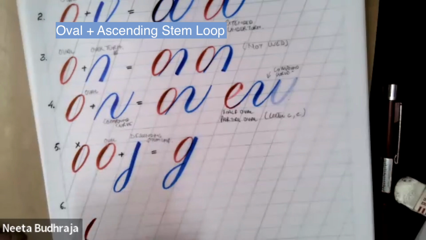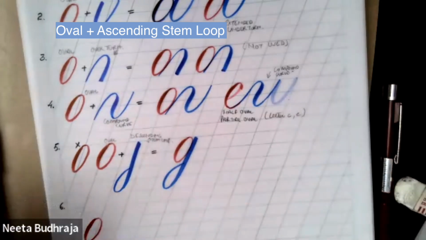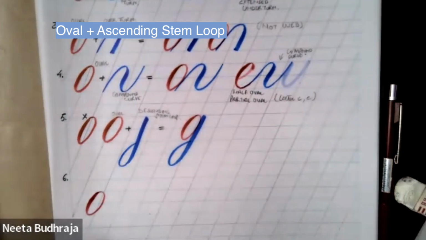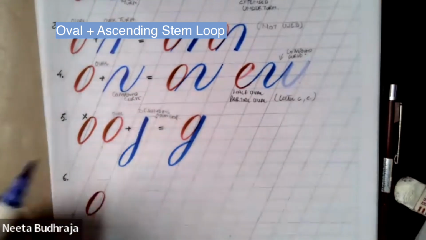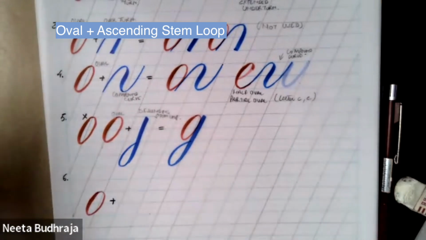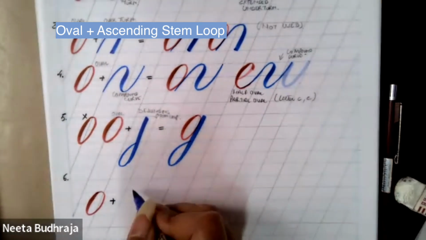So this is our oval. It is not the perfect oval that I have created, but okay, let's consider it as a perfect oval. Plus, we are going to connect it with our ascending stem loop.